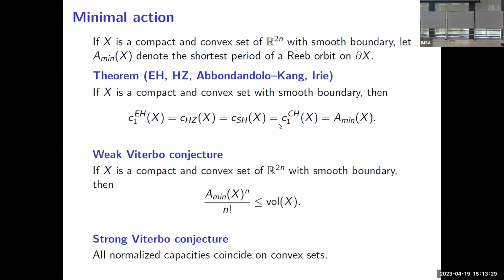Oh, if you have a Liouville boundary, that definitely follows from the fact that it coincides with the contact homology. But in general, I don't think it's easy to say. It's basically a consequence of this theorem that the minimum action is a capacity.